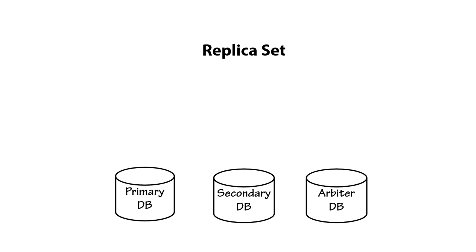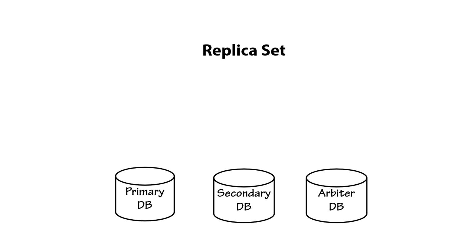Anyway, we will have one more video on replica sets, but let me give a quick introduction. We have a primary for write operations and secondaries for read operations. When the primary disappears, one of the secondaries has to be elected as primary.